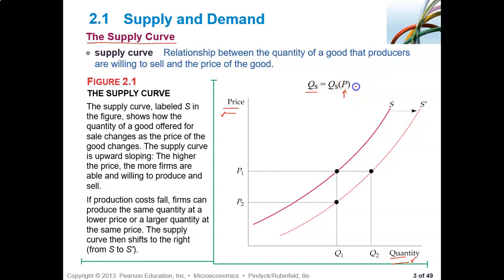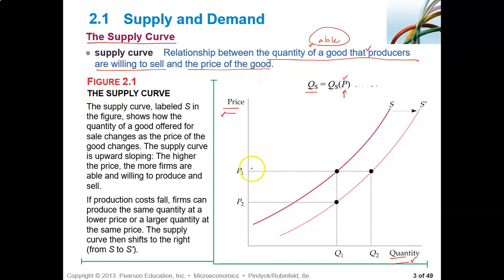It also depends on certain other items, such as technology, the cost of raw materials, and the number of producers. But the main determinant of supply is price. So the supply curve shows the relationship between the quantity of a good that producers are willing and able to sell, and the price of the good.